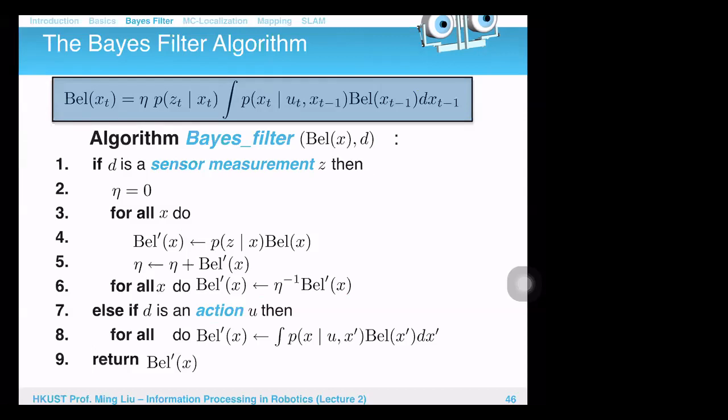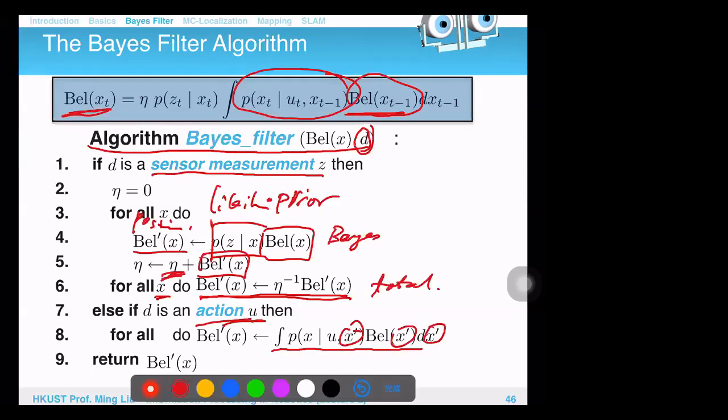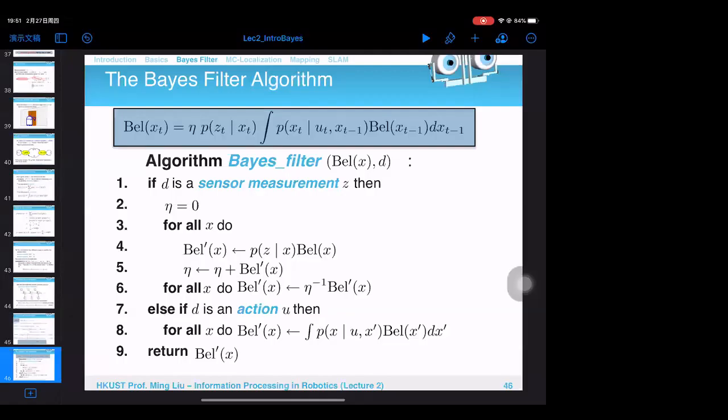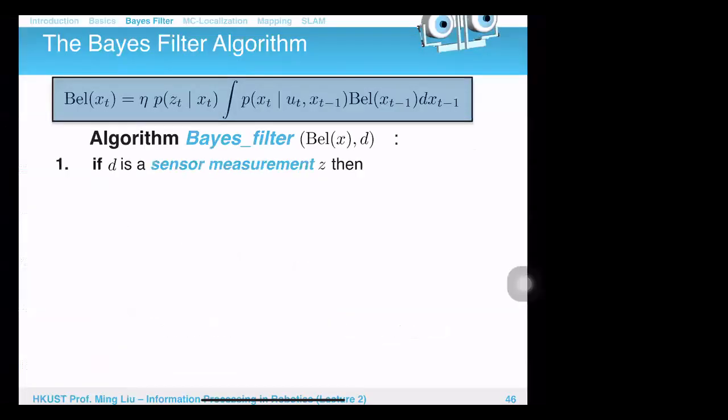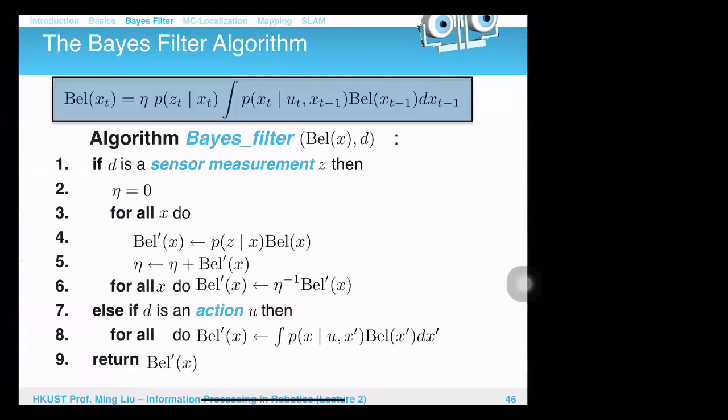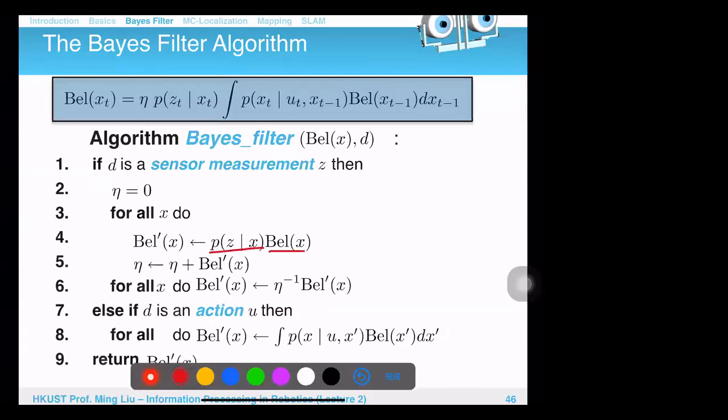Because we only use the belief and the probabilities; we didn't specify that this should be a Gaussian or anything else. So if you have a process in which the current state depends on previous states, this should work.